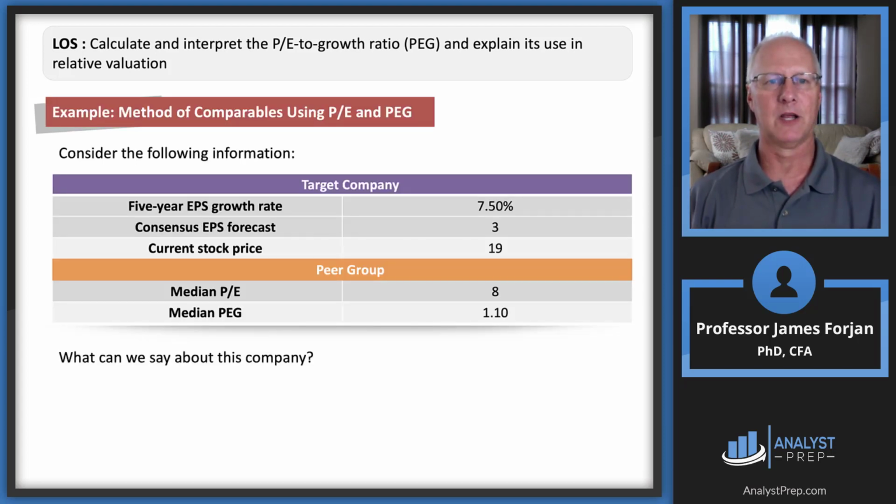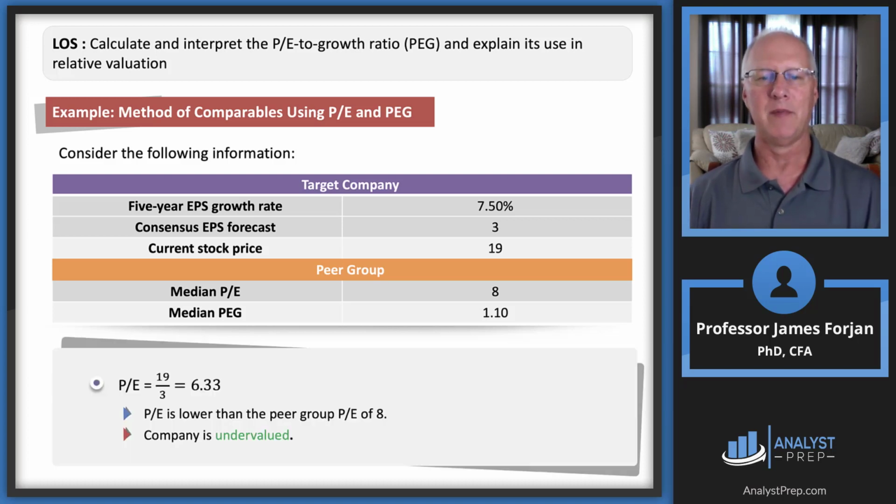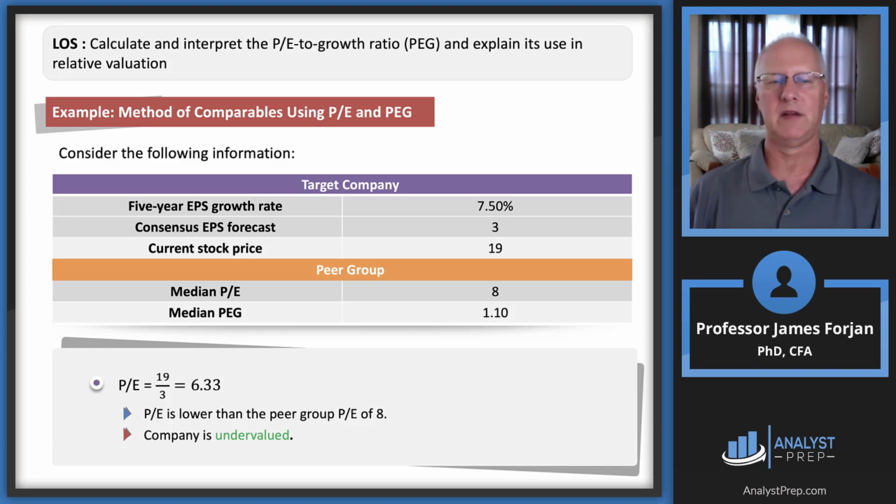All right, here we have a target company and a peer group. What can we say about this company? Well, we have a stock price of 19. We have an EPS of 3. So we'll go ahead and divide 19 by 3 and then make some conclusion there. There's 19 divided by 3, 6.33, and that's lower than the peer group of 8.